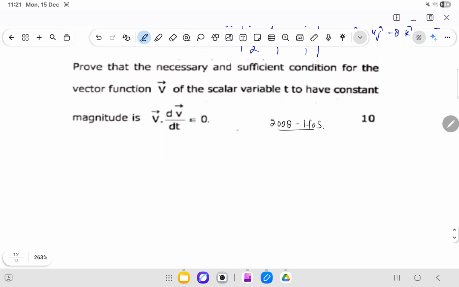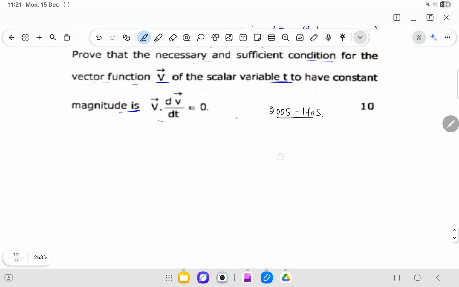And the last question for this topic is: prove that the necessary and sufficient condition for a vector function v vector of scalar variable t to have constant magnitude is this. So let us assume that v vector is a vector in scalar variable t.